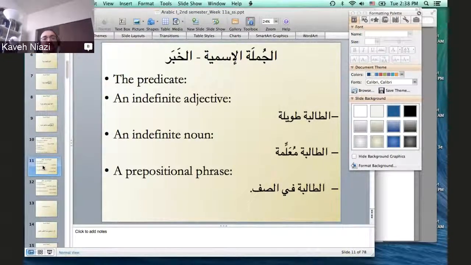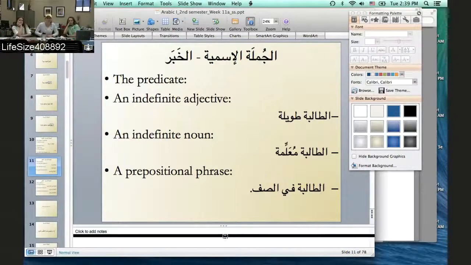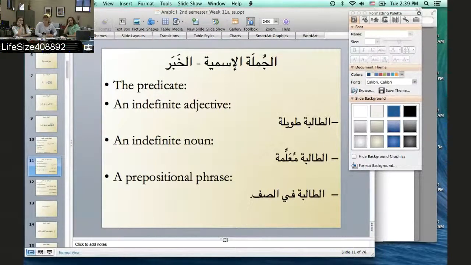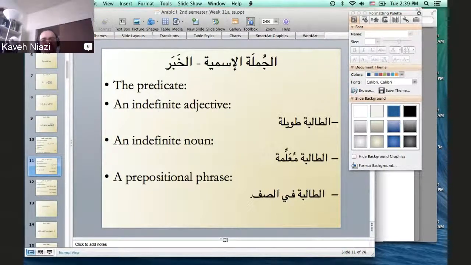It can also be a prepositional phrase. Who wants to read the last sentence on the sheet? الطالبة في الصف. Nice. الطالبة في الصف. Right? What does that mean, Jane?